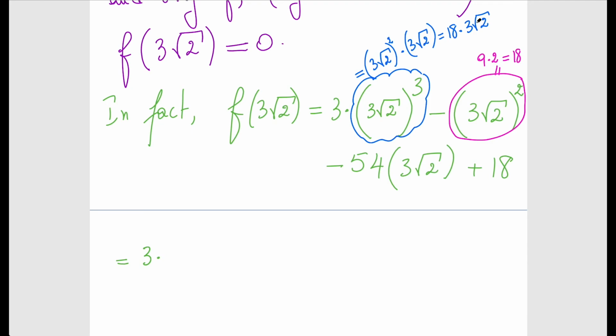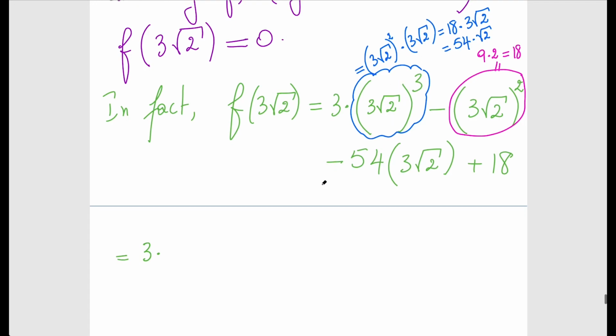Do you agree with me? So now the question is, what's 18 times 3? Well, 18 times 3 is 54, right? Square root of 2. So the value of this bubble is 54 square root of 2.